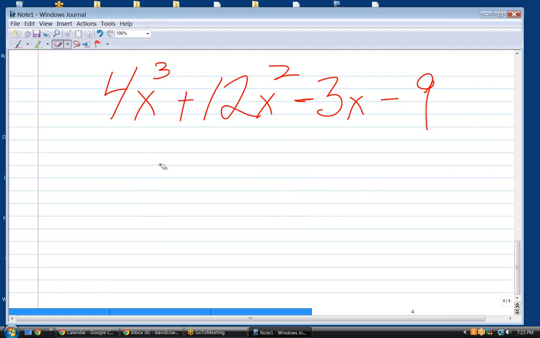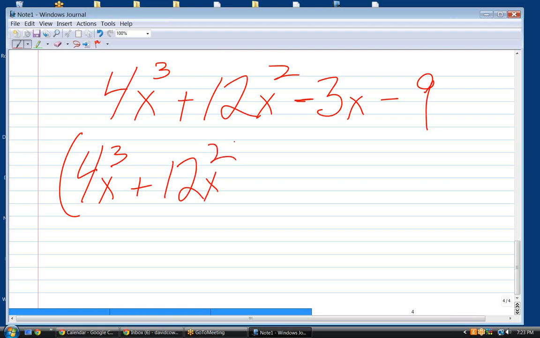Okay? However, even to solve it by grouping requires a bit of magic. It's not really magic, but I guarantee you 99 out of 100 people would make this mistake. What goes inside the parentheses? The 3x and the minus 9?